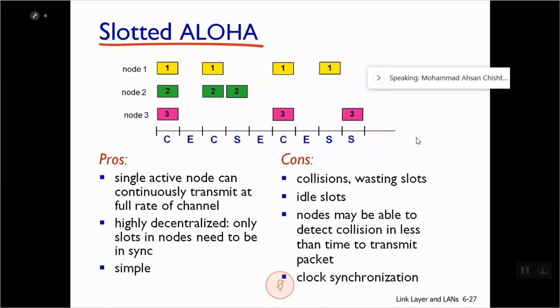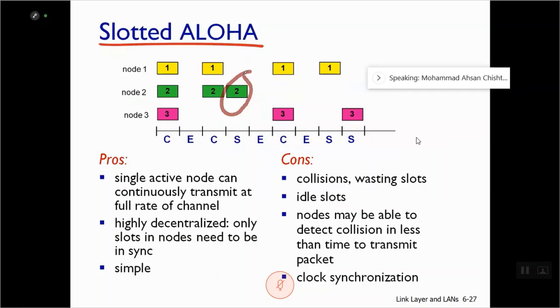The advantage that we have is when a single node, let's say node 2, successfully transmitted, it was the only one using the channel. So it had a full transmission rate of R. In TDM, it was also divided into times, but the time slots were divided among n nodes.